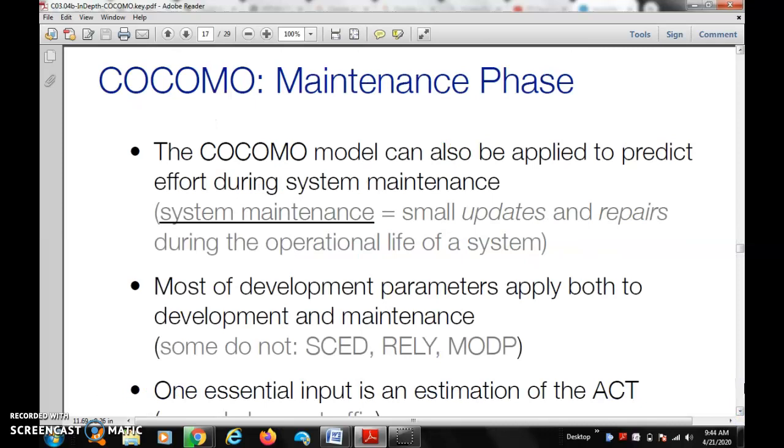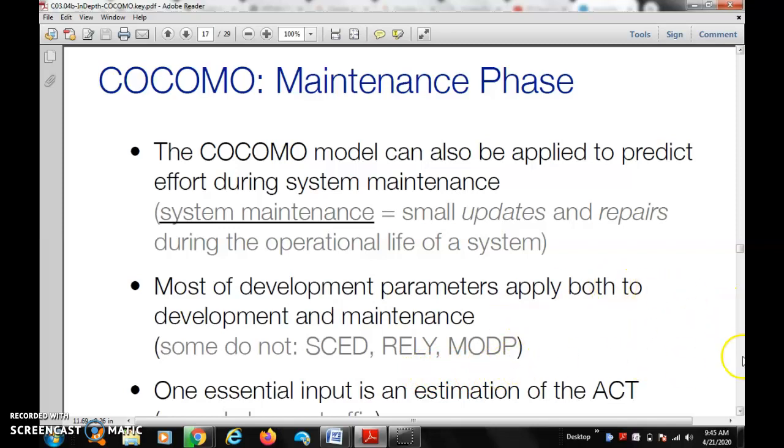So here is the COCOMO maintenance phase. The COCOMO model can be applied to predict effort during system maintenance, that is, small updates and repairs during the operational life of the system. Every MNC handles the project maintenance phase. Most of the development parameters apply both to development and maintenance, except SCED and RELY and MODP.